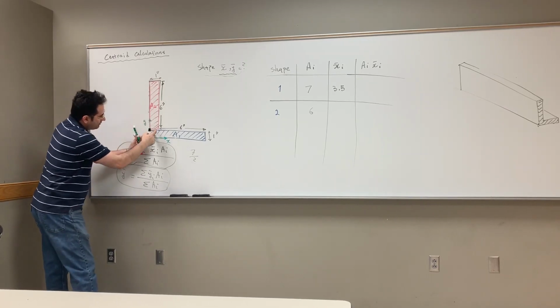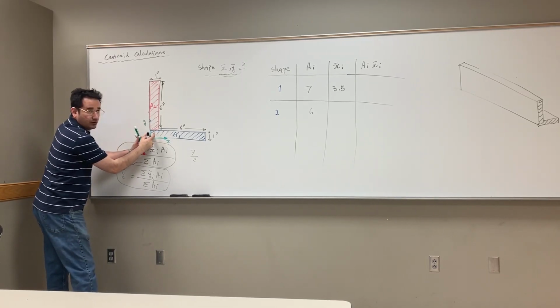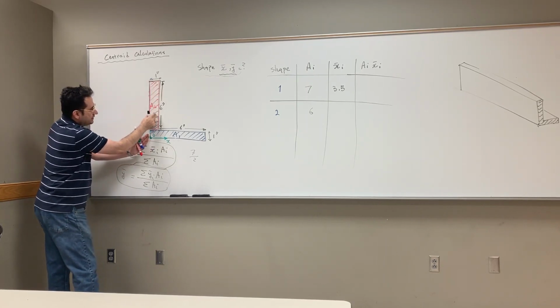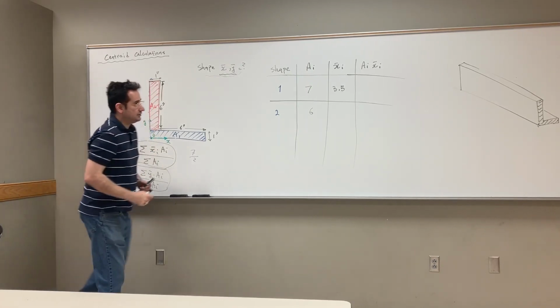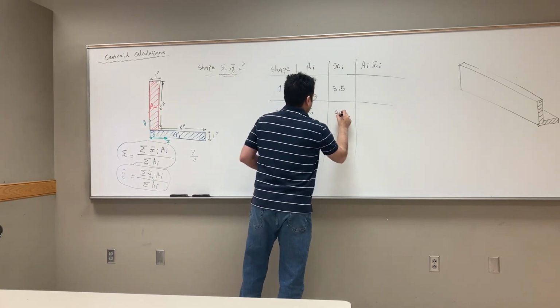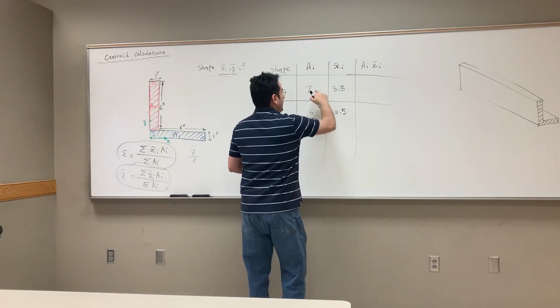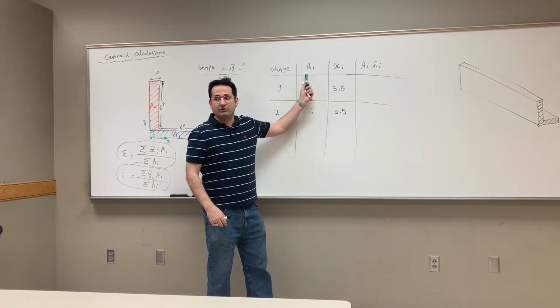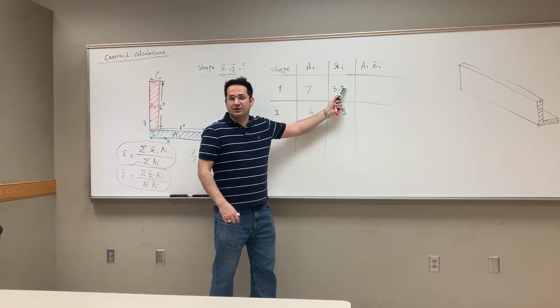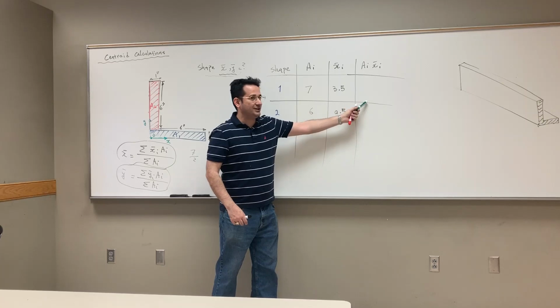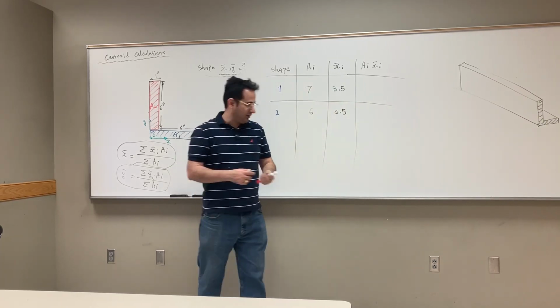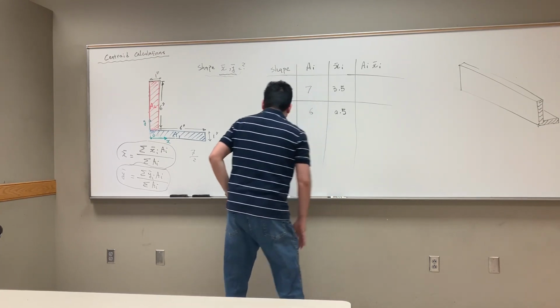What about area 2? What's the x bar with respect to it? Oh, it would be 0.5. You see, right here. Now, this third column depends on these two columns. Once you get these two columns, you can put a formula here: whatever is here is equal to this times this. So let's compute the third column.